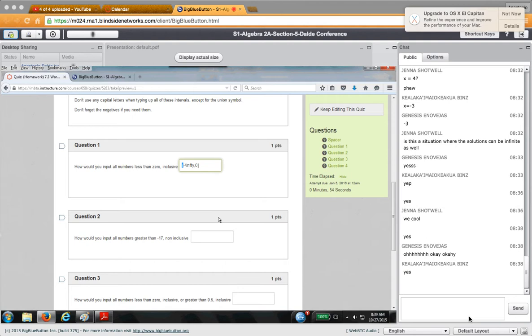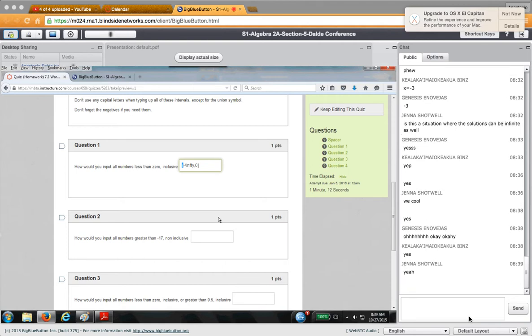And whenever you're talking about infinity, you never have a bracket next to the infinity, because you can never get to infinity. Infinity isn't an actual number that you can land on, so it can't include infinity. Does that kind of make sense? So whenever you have an infinity on one side, it doesn't matter if they're saying inclusive. You have to put a parentheses on the side with infinity, because you can't actually get to the number infinity.